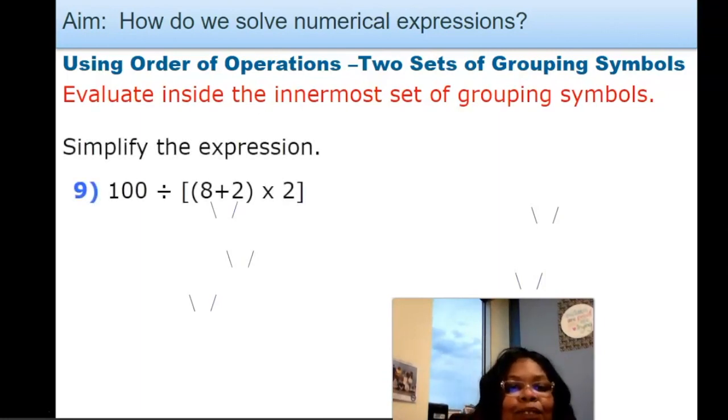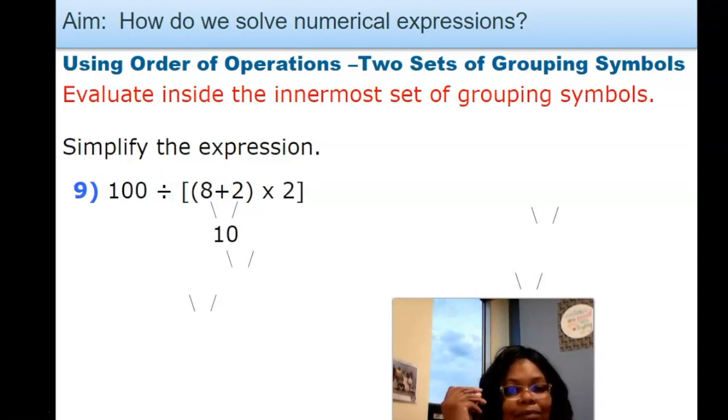All right, so first we're going to simplify the expression. So we have our parentheses inside of our brackets. So the first thing we do is we solve for 8 plus 2. Guys, 8 plus 2 is what? That's right, it's 10. So the next thing we do is what?